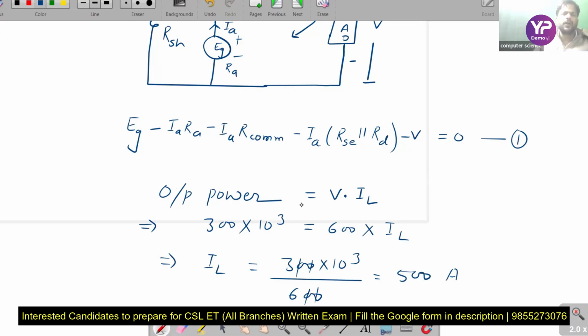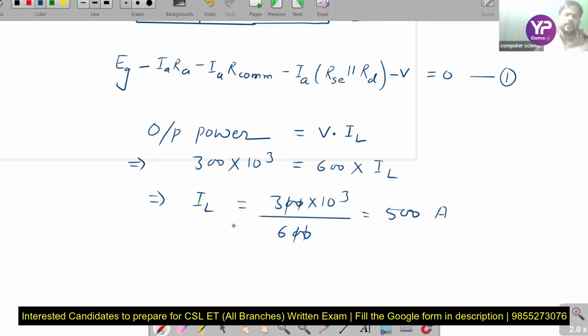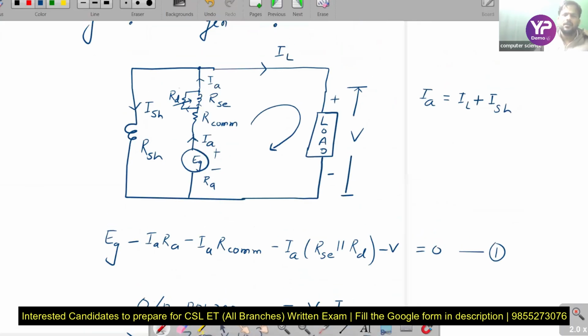Now we need to find ISH to get IA. This is a shunt machine, so voltage across the load is also equal to the voltage across the shunt field winding, because we know that in a parallel connection the voltage does not change.